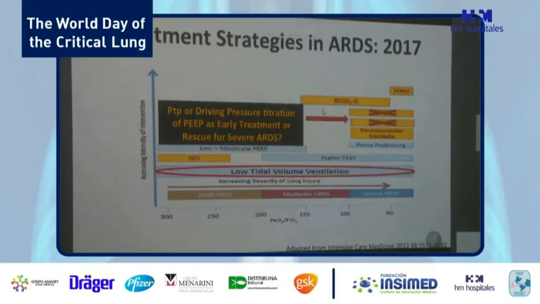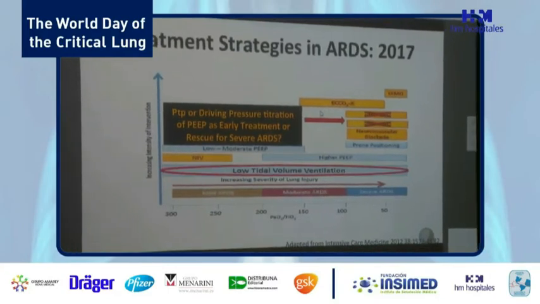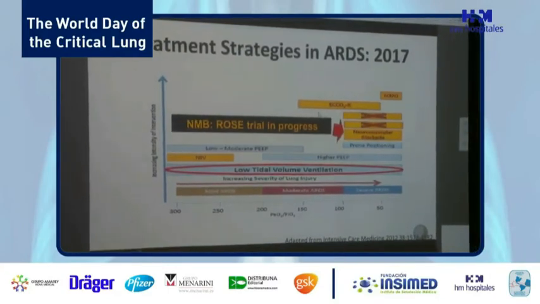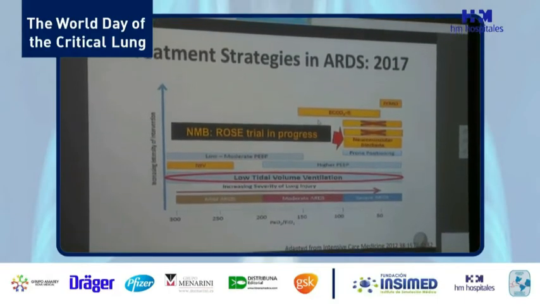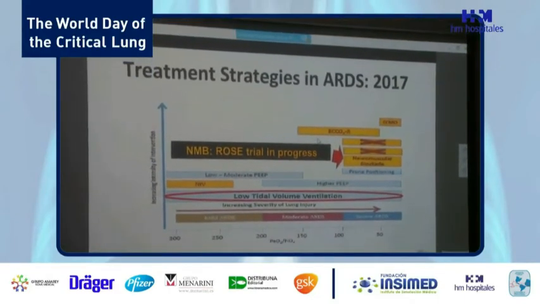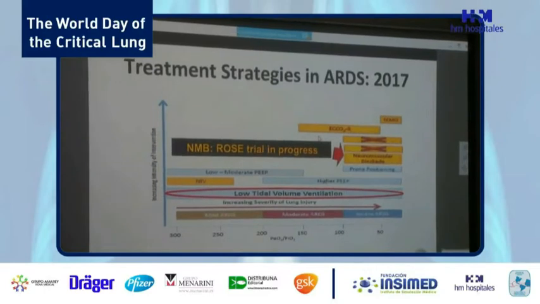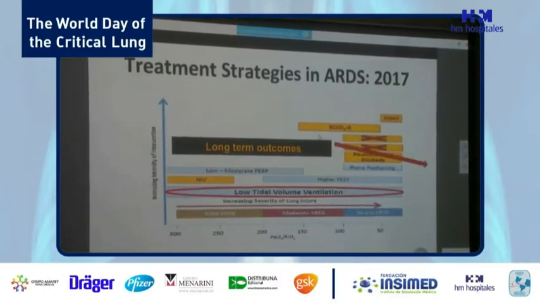We can look at driving pressure as per Amato, or transpulmonary pressure with esophageal pressure monitoring as Denny Talmor's trial is being evaluated. And then we can look at neuromuscular blockade as per ACURASYS. There's a confirmatory ROSE trial in progress by the PETAL Network Group. And then, as Mark will be talking about after this, we have to always consider long-term outcomes after severe illness.